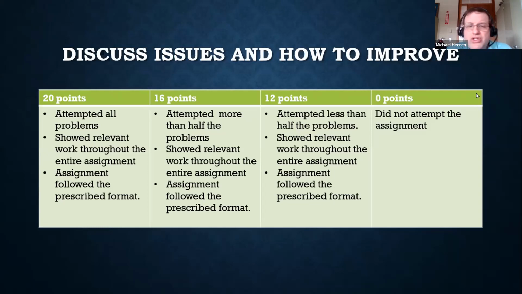And if not, how would you change the 20 points to make it better? What would you like to see differently if you don't think the 20 is good? So either you like it, or maybe what kind of a change would you want? And while you're at it, think about the same thing for 16 and for 12. What would you like to do differently there as well to make it clearer? How would you change that up?